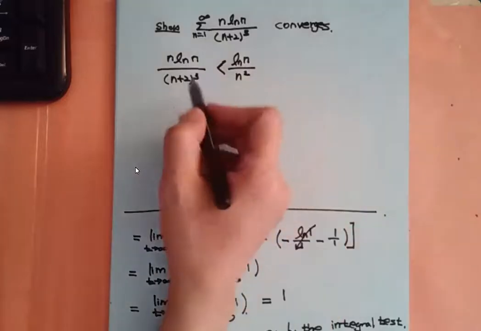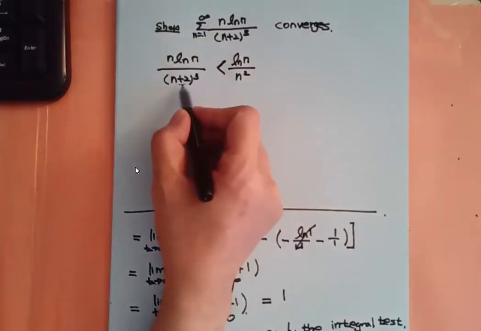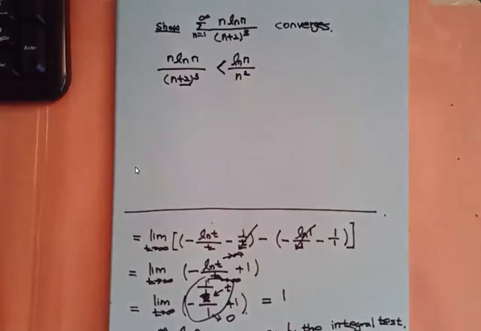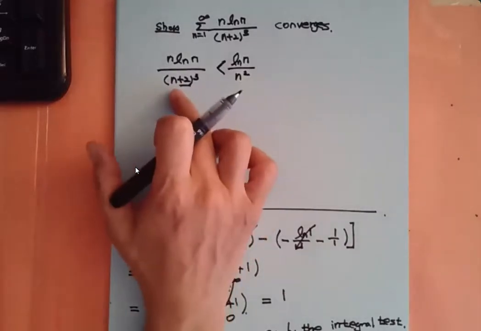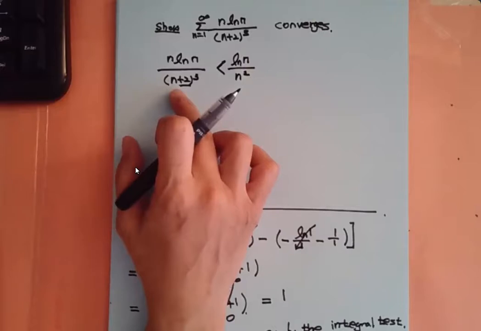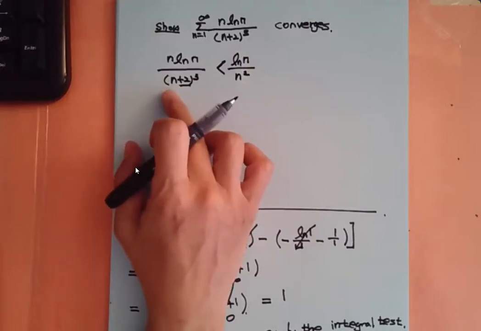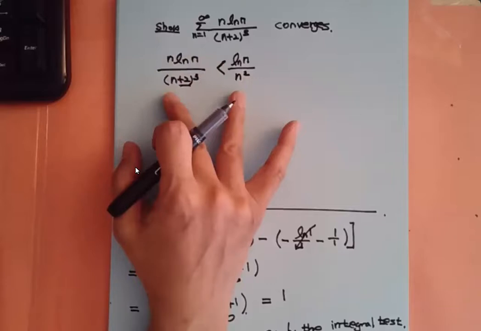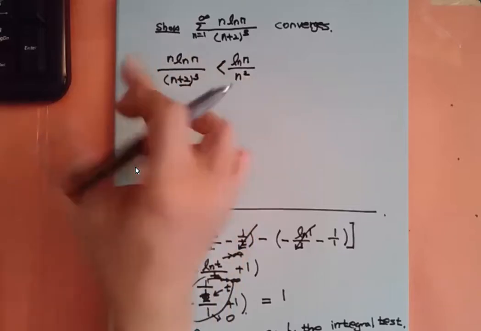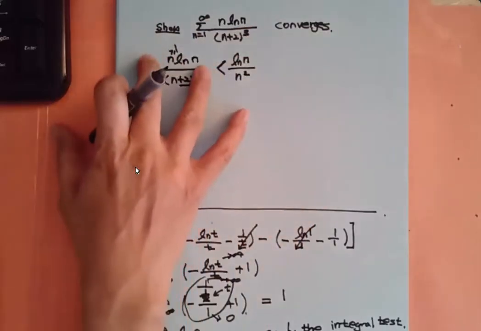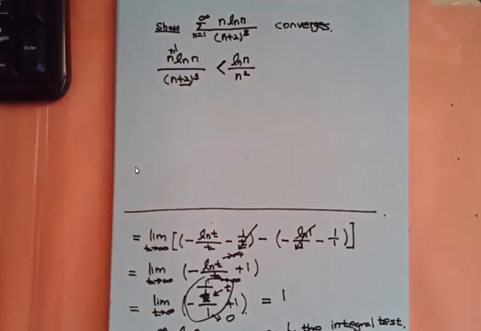But indeed, we are adding positive terms in the denominator because n is greater than or equal to 1, so the denominator is bigger. And that means 1 over something will be smaller. Moreover, n is greater than or equal to 1, so when we multiply, it will make the numerator also bigger.